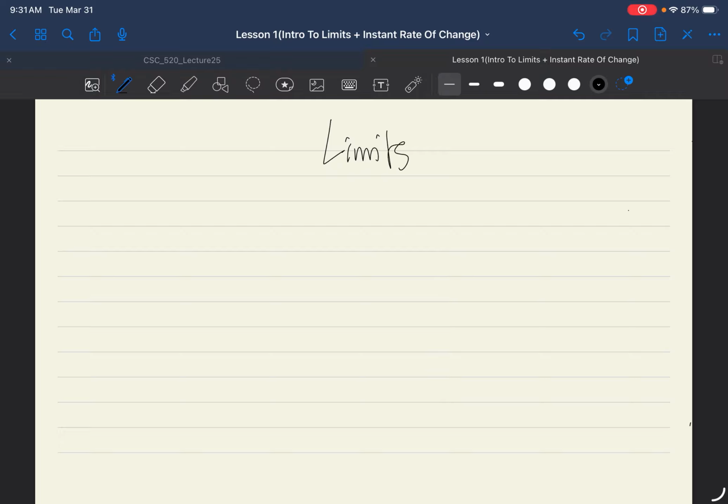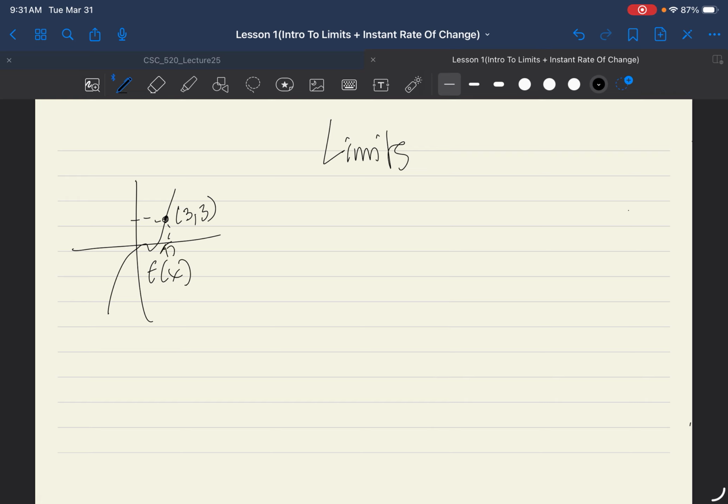So I will introduce you to basic limits. Limits are where a graph approaches at a specific point. For example, take this point (3, 3). Let's call this function f of x.